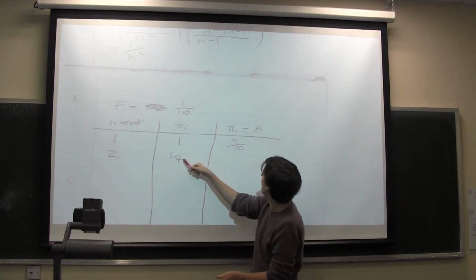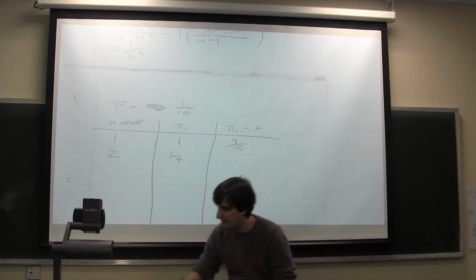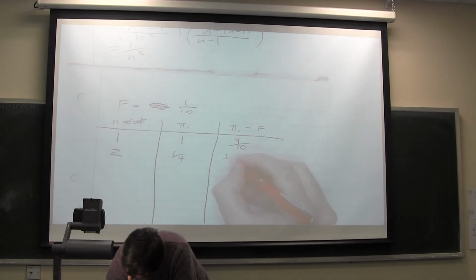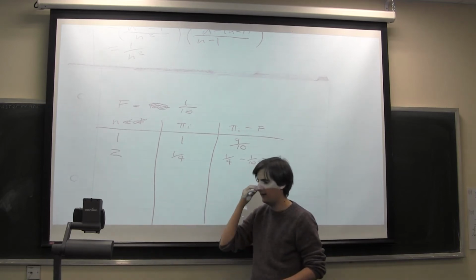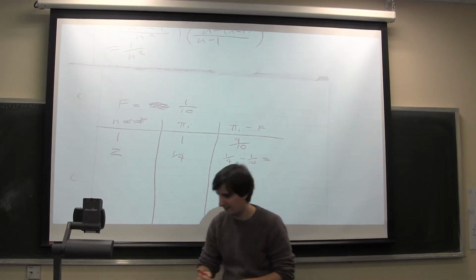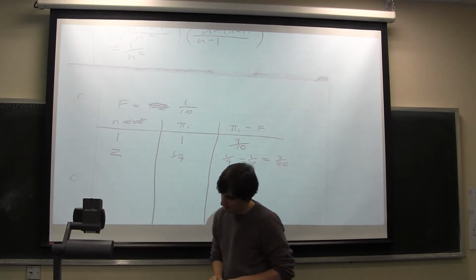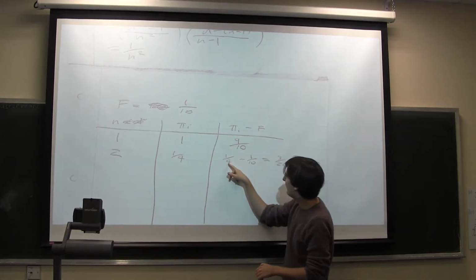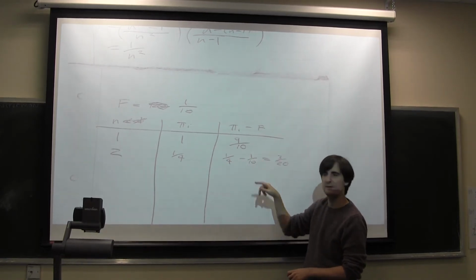So net profits are 1 over 4 minus F, so 1 over 4 minus 1 over 10, which is 3/20, because 1 over 4 is 5 over 20, and 1 over 10 is 2 over 20.